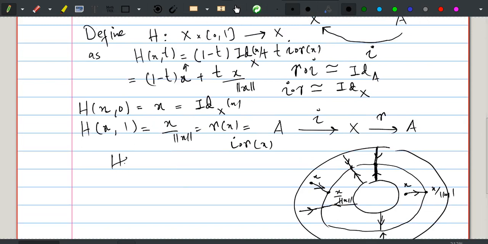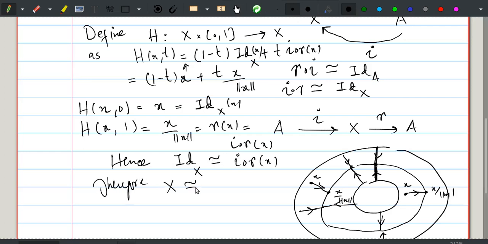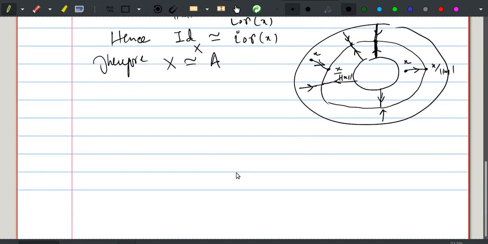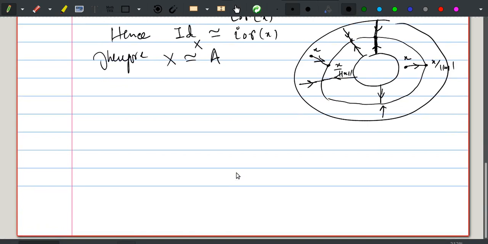Hence this identity map on x is homotopic to the map I of R of x. Therefore x will be homotopic to a.